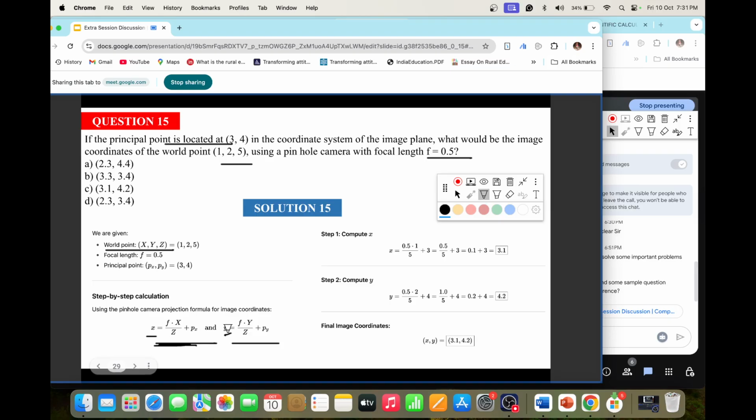If you have this, you can easily calculate x and y, that is the image point, and f is also given, and px, py, the principal point, is also given. So you can easily get the image point from your world point, focal length and principal point. This formula, always keep in mind, is also very important.